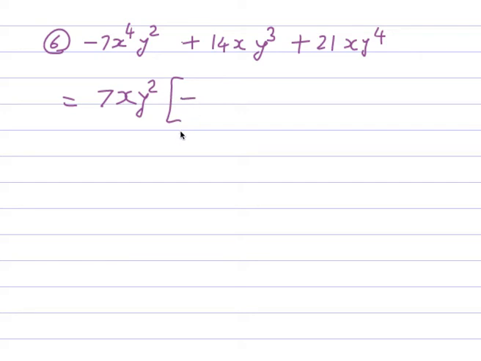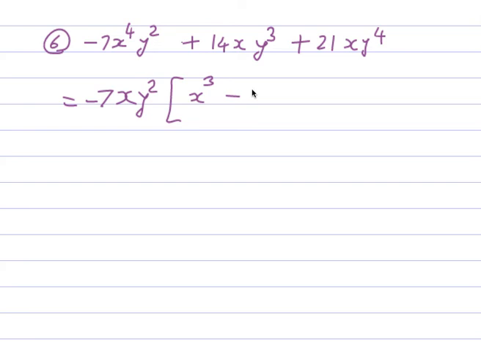Negative, or we can take common negative also. So all terms will just change the sign. From here we took out negative, so it will be positive: 7 already taken out, x, so just x to the power 3 left, y square already taken out. This is positive, so convert it into negative because we already took this negative sign.